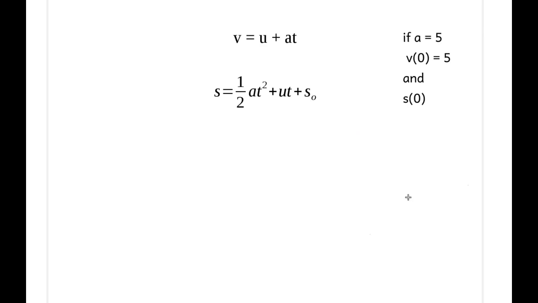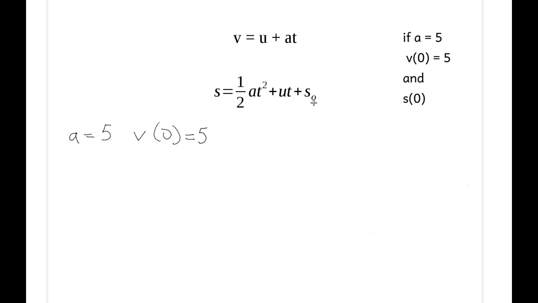To finish this off, let's do a quick application of it. Let's say that we already know that A is equivalent to 5 meters per second squared. Let's say that V at time 0 is equal to 5 as well, 5 meters per second. And we've got this other term here from doing our integration. This doesn't normally appear in the standard layout of the formulas, but in our case we've got this.